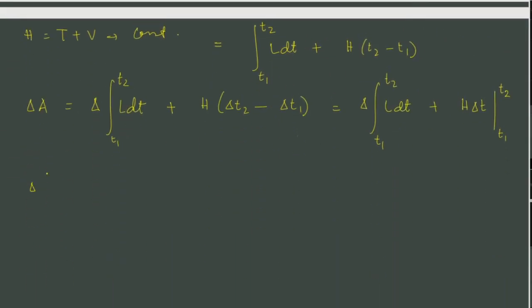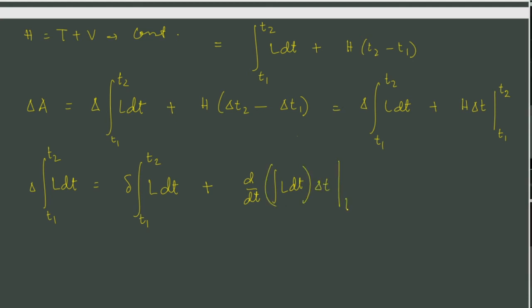Which means we can write the delta variation of the action integral as the regular variation of that action integral plus d/dt of that integral L dt times delta t, evaluated at t1 and t2.